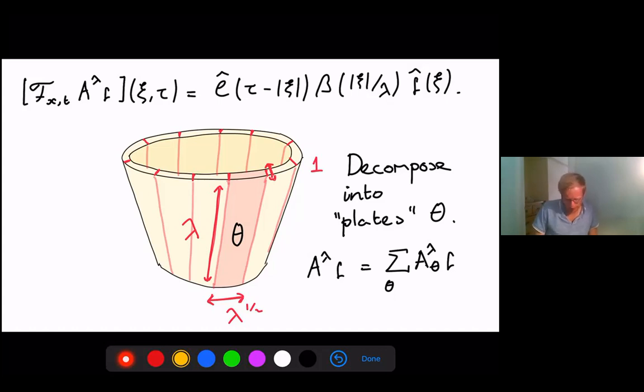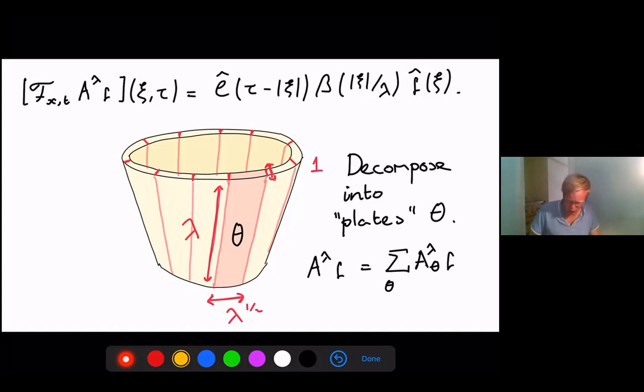And then importantly, they have width lambda to the 1/2. Okay, and this lambda to the 1/2 is chosen in light of the curvature of the cone. So if you choose this length lambda to the 1/2, these pieces just fit nicely around the cone. Okay, so these are convex approximations to these pieces of the cone.